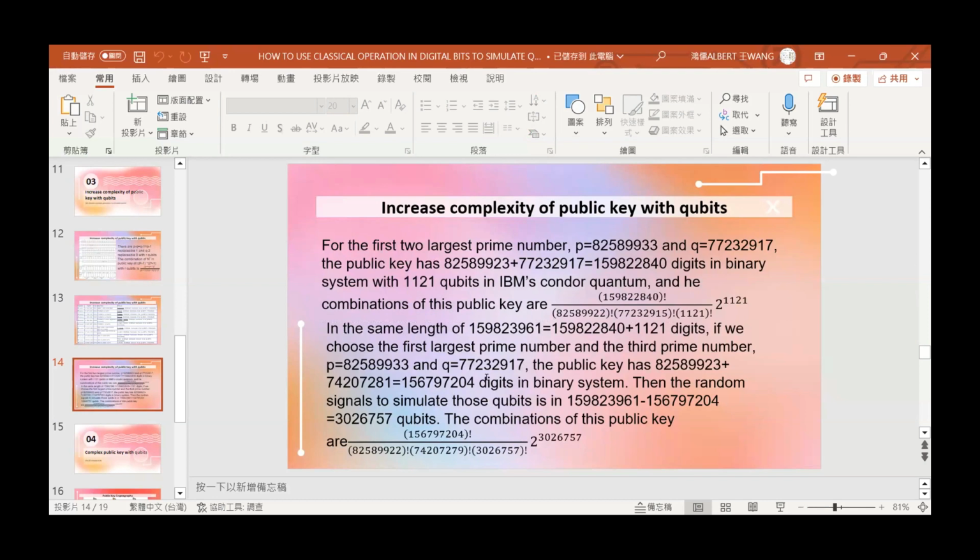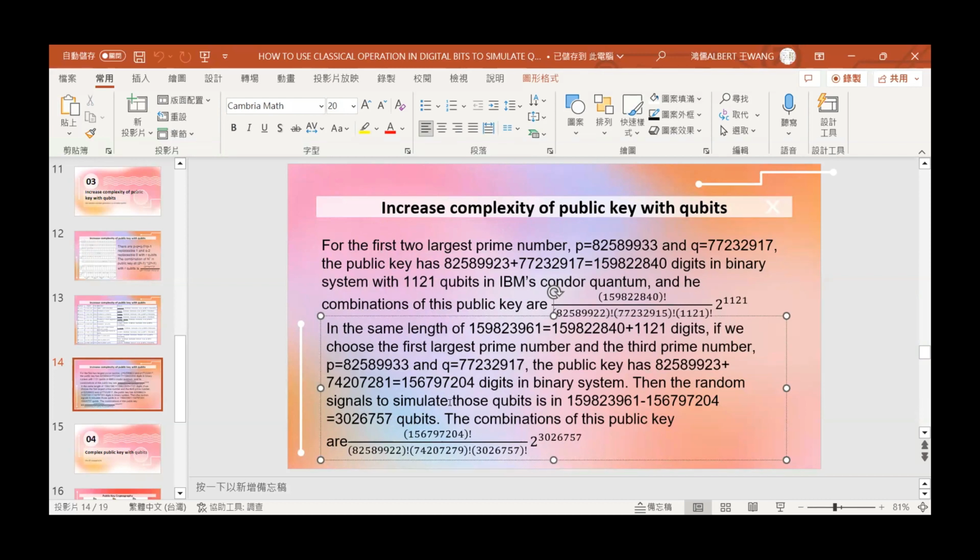And the public key digit system will change, with randomness increasing from 100 quantum bits, 1121, to over 3 million quantum bits. So the system capacity is just 1121, but how do we increase it to 3 million?